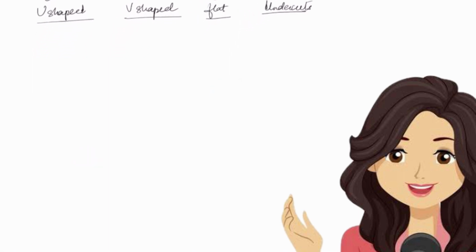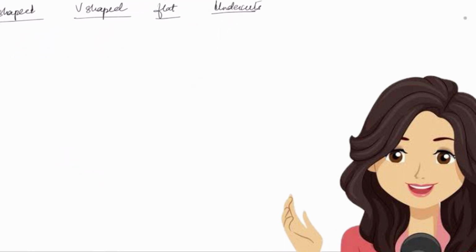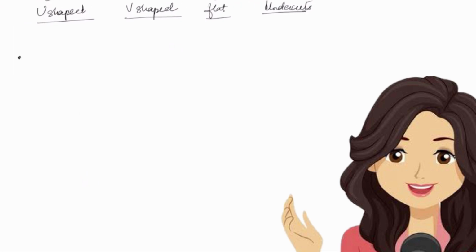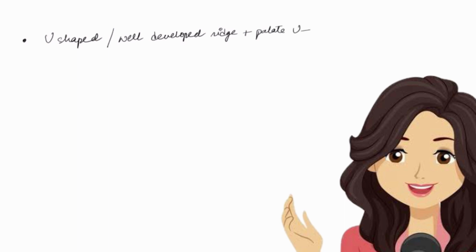So a U-shaped ridge, the U shape would be mainly a well-developed ridge which will have a palate which is U-shaped and a moderate vault.